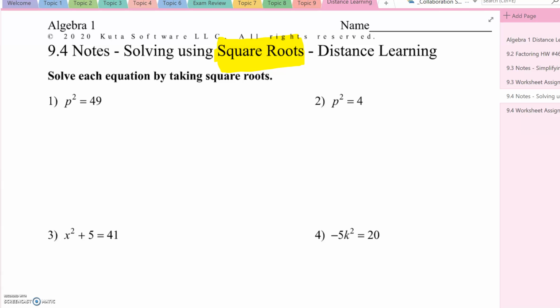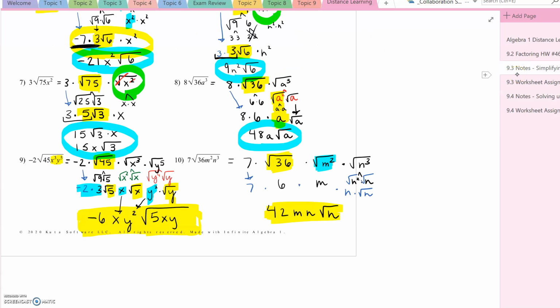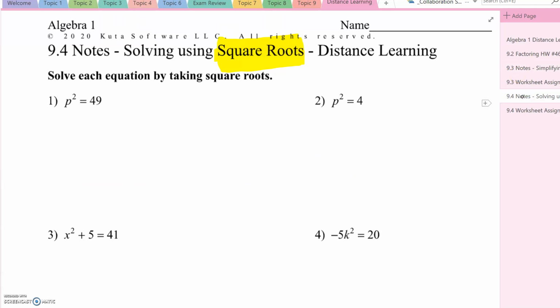So in 9.4, we are learning how to solve quadratic equations by using square roots. So that's why in 9.3, we learned how to simplify radicals, because in 9.4, we are using that knowledge to solve quadratics. So anytime you're trying to solve an equation, that means you're trying to get the variable by itself.